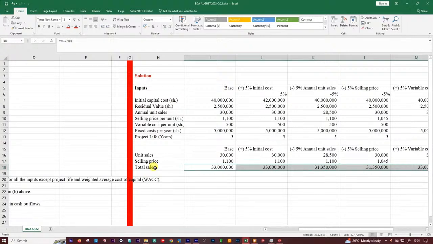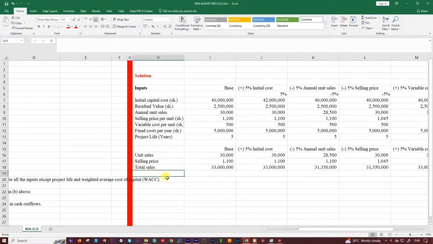Once we have the total sales, we pick the variable cost per unit. The variable cost per unit given to us there is just going to be 500.